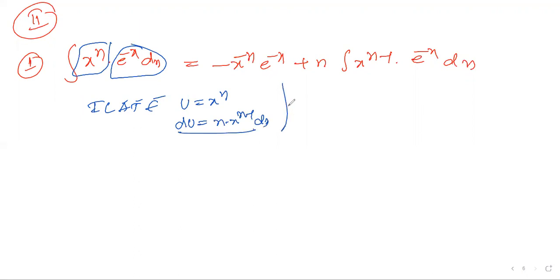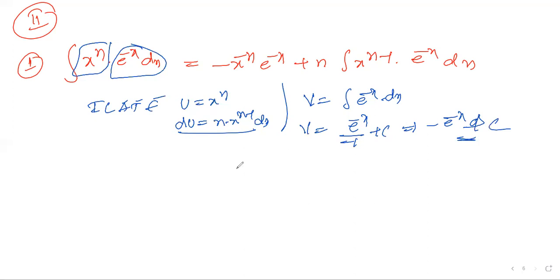Done, good. And what is the value of the integration of e power minus x into dx? It will be minus 1 down, plus c. So the answer is minus e power minus x plus c. It's the final answer.